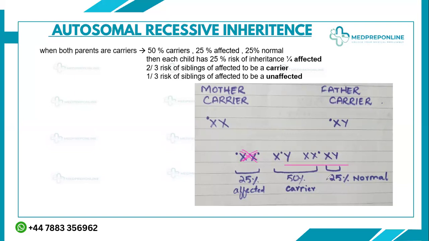You can see that we do not have anyone over here, right? But the risk of inheritance for the autosomal recessive being affected remains always 1 by 4. So this 1 by 4 risk of inheritance for the affected remains the same.